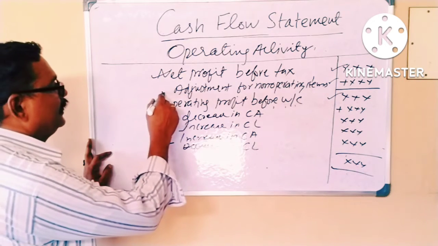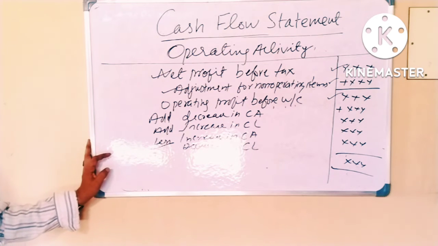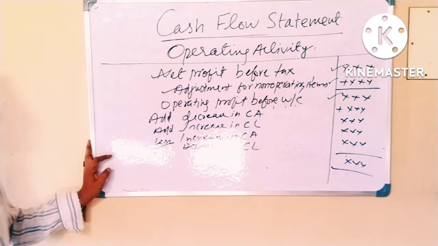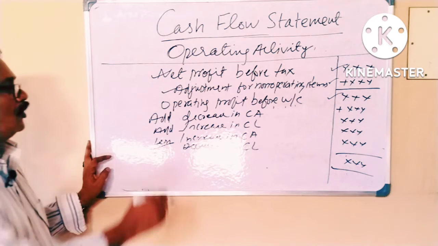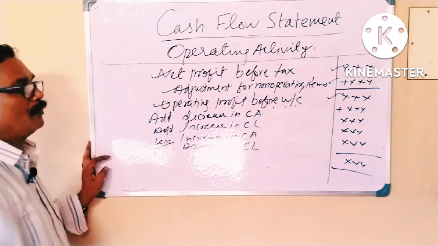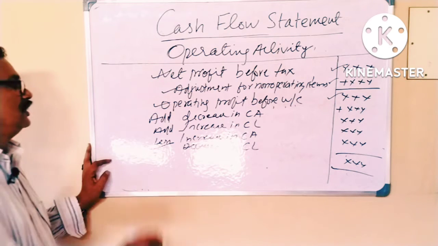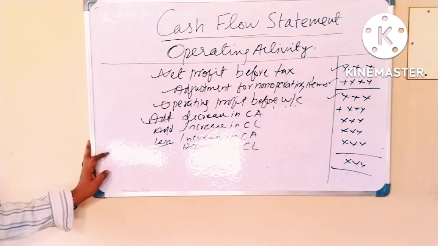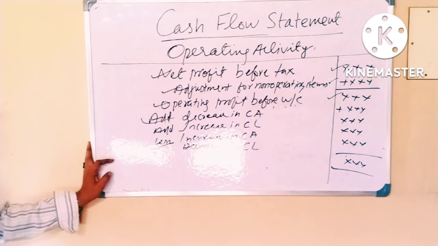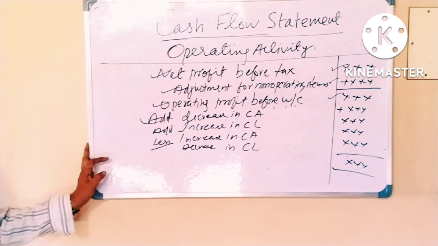Then add non-cash or non-operating items related to operating activity. So we will get operating profit before working capital changes. Next, add decrease in current asset. How to take the decreased value of current assets?